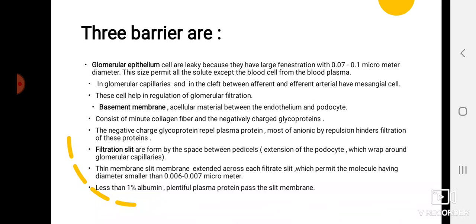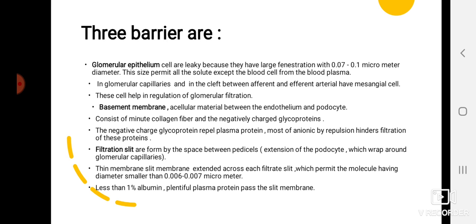What is a pedicel? In the previous lecture we discussed that pedicels are foot-like projections. These are extensions of the podocytes, which wrap around the glomerular capillary, as we already discussed.